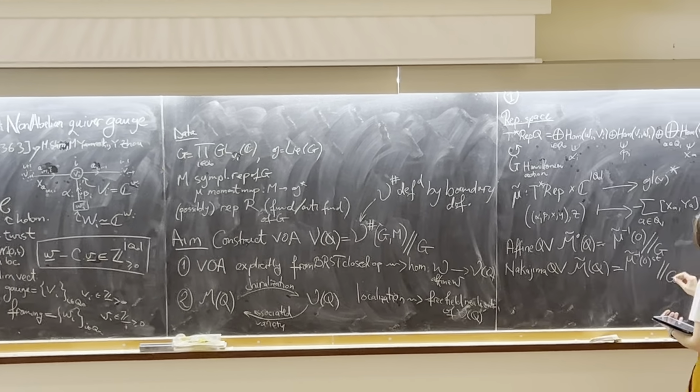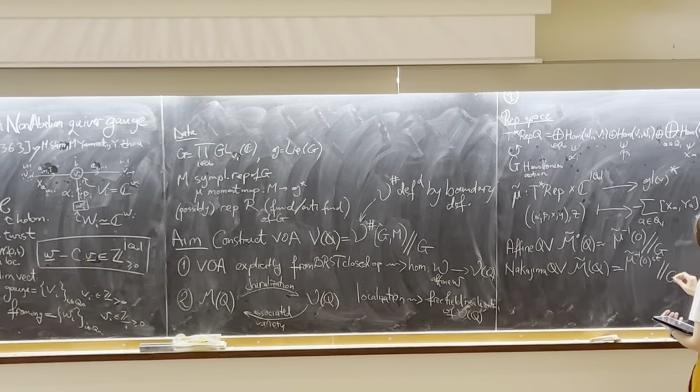So instead of working over the entire affine variety, this will be an open patch in the Nakajima quiver variety. R will be exactly the representation space that I had earlier times C to the 0. And then U will be a certain open patch in there with some compatibility conditions between U and U tilde.